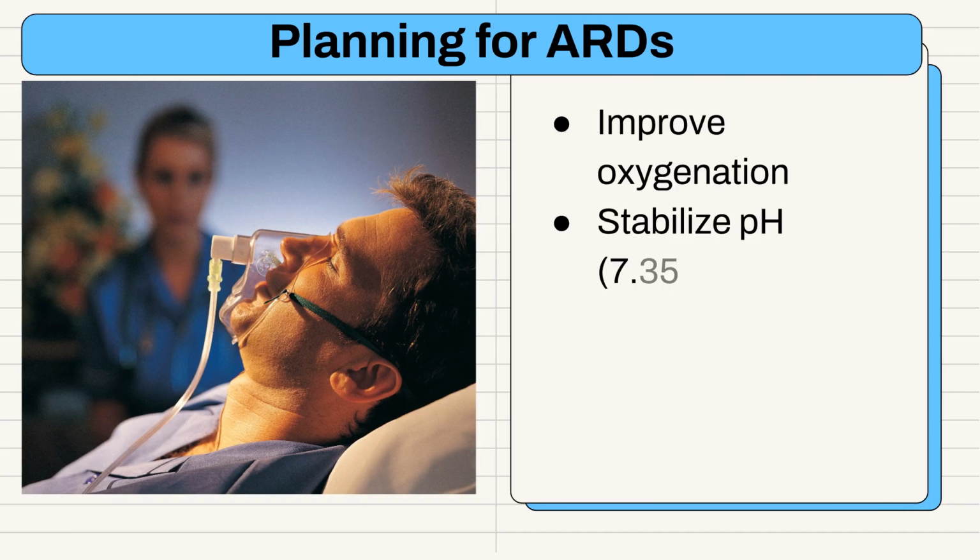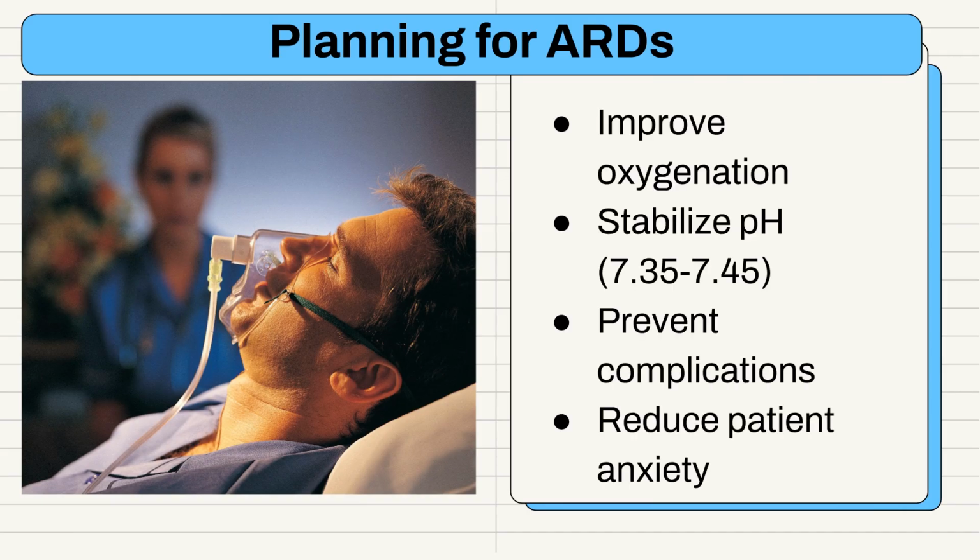Let's move to planning. Our goals focus on improving oxygenation, stabilizing acid-base balance, and preventing complications. For a patient on mechanical ventilation, we aim for a normal ABG pH between 7.35 and 7.45 and adequate tissue perfusion. We also want to reduce anxiety, as it can worsen respiratory distress.